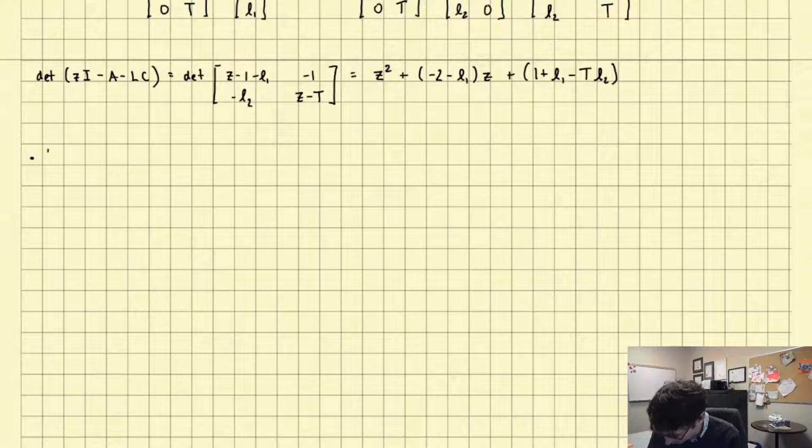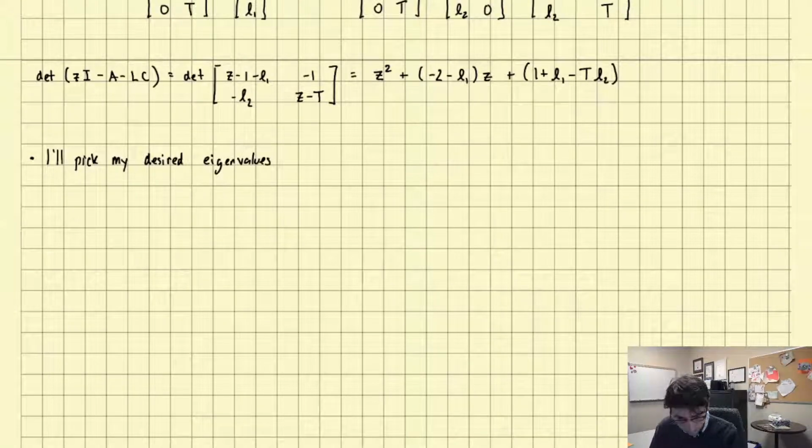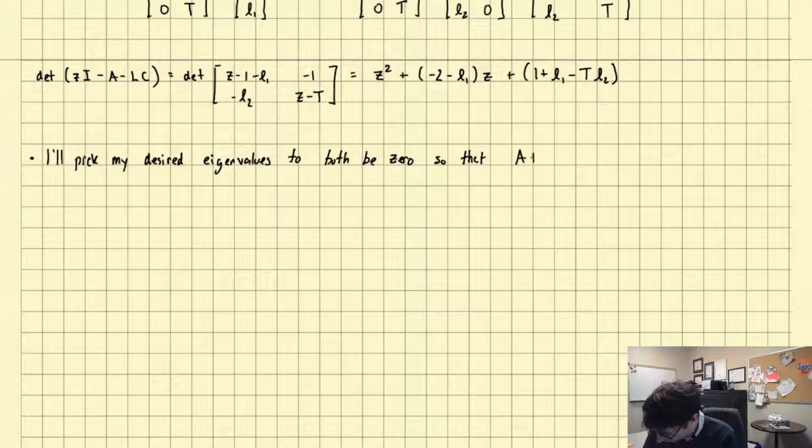So I'll pick my desired eigenvalues to both be 0, so that A plus LC is nilpotent, which we've seen in chapter 6.